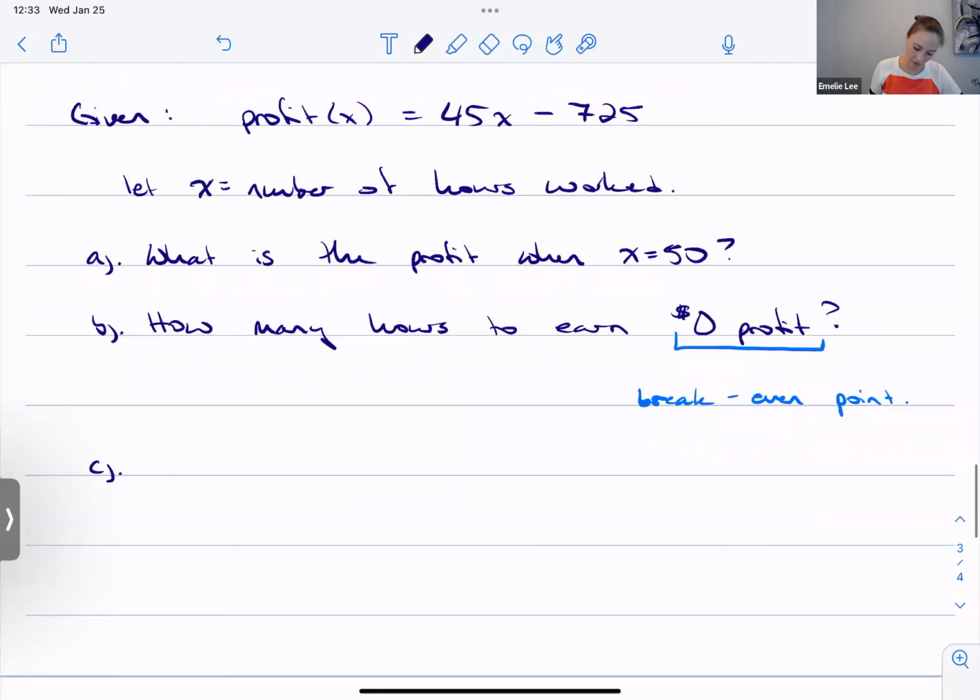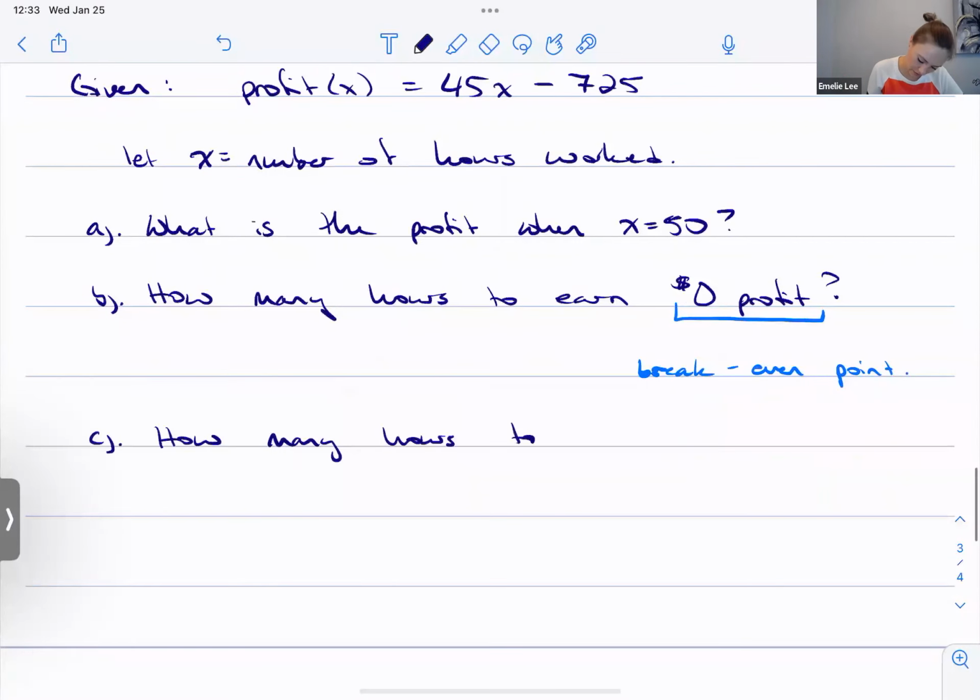And then we're going to use this profit function to figure out, okay, what if I have some goal profit amount, how many hours to earn $1,000 profit?